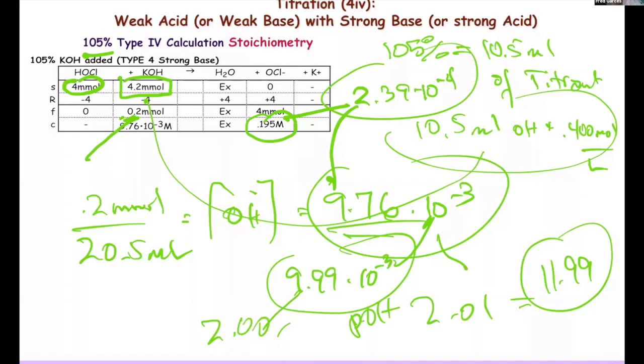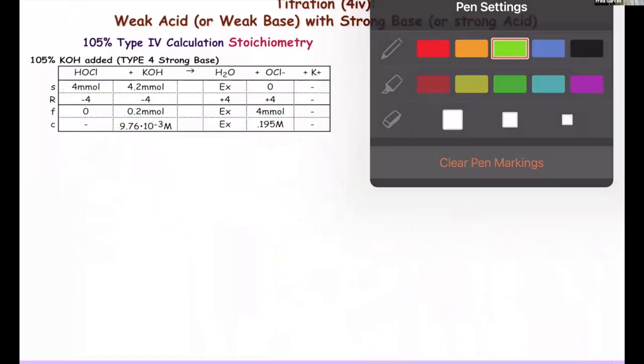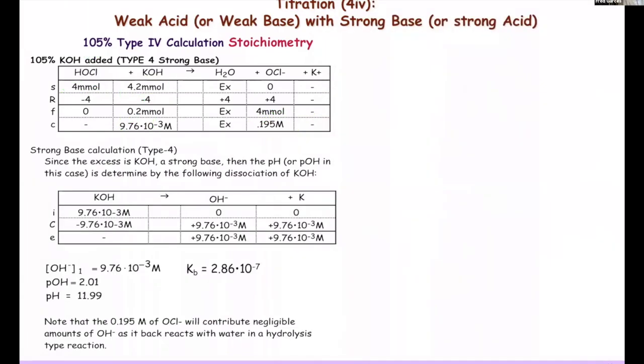It doesn't add very much to the hydroxide because your strong base is what's going to affect the hydroxide ion concentration. So let me just show you that. I'm basically taking the hydroxide excess, calculating the hydroxide ion concentration, and converting it to pOH and then pH. It's about 12.